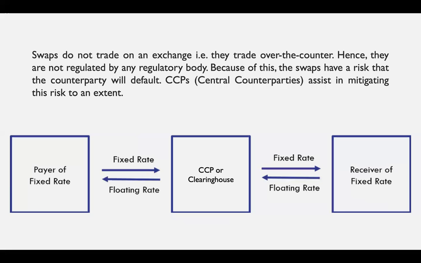A large amount of swap contracts are cleared through these central counterparties. The CCP collects a certain sum of money from both parties involved in the swap contract to cover the potential losses of a default. In case of default, the CCP replaces the trade with the current market price.